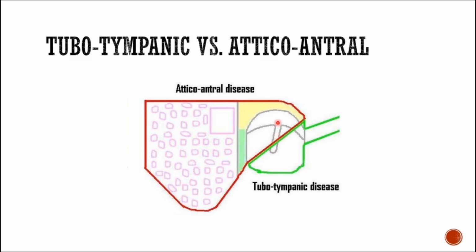This means it is also cuboidal epithelium, but arranged like a pavement, so it will be more compressed. Here there will be more goblet cells, and here there will be very minimal goblet cells. That is why both the diseases are different in nature, because of the cellular lining of both the regions.